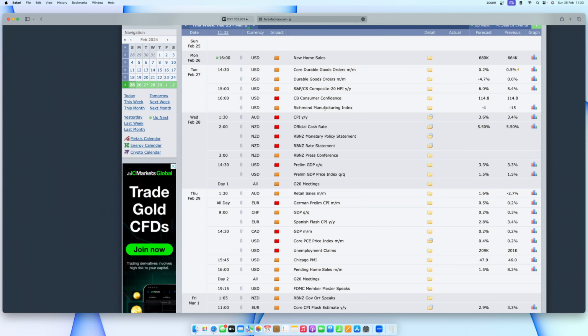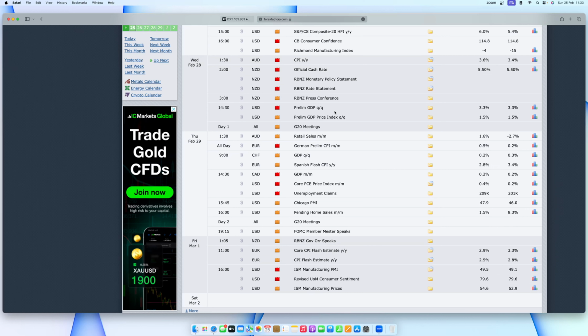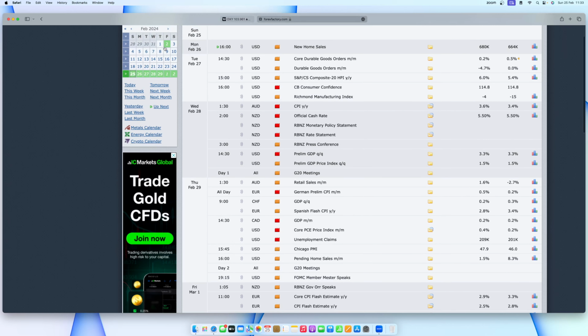So on Wednesday we can see the big move, and then at 2 a.m. we have NZD major news also. On Thursday we have CAD and Euro. On Friday, I think first Friday, we usually have one major news. I can't remember, so let me check.